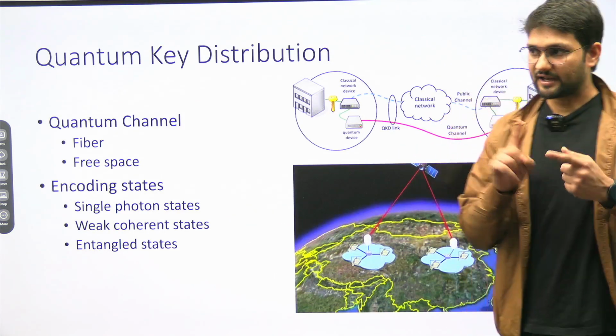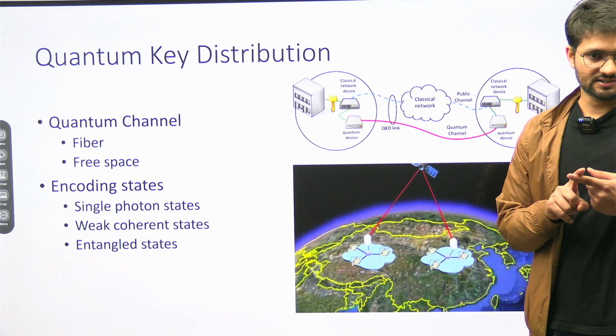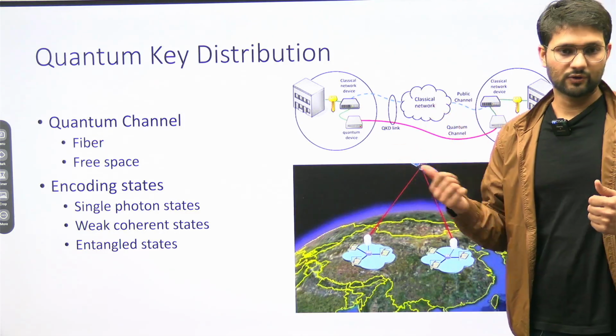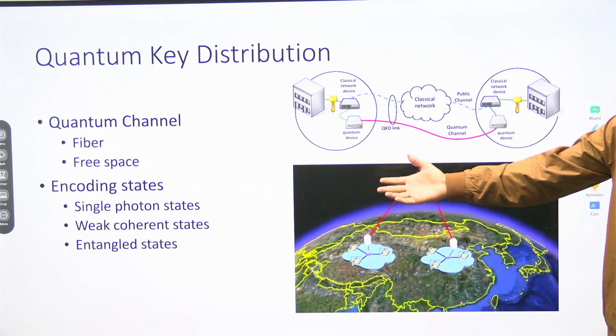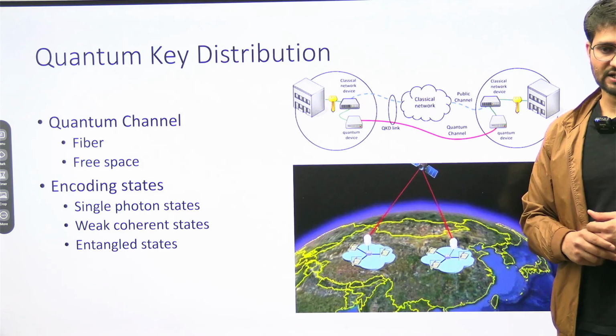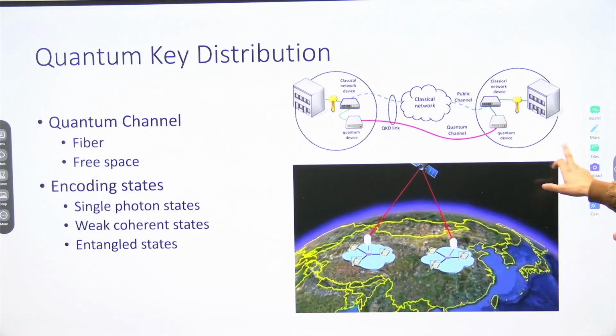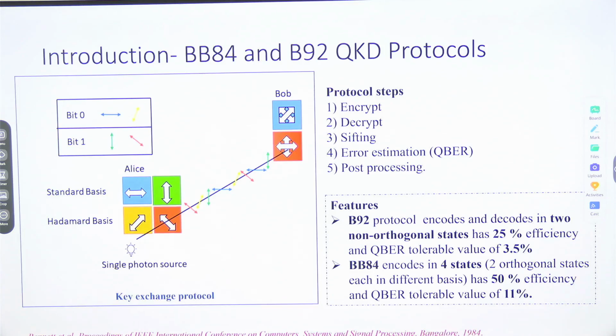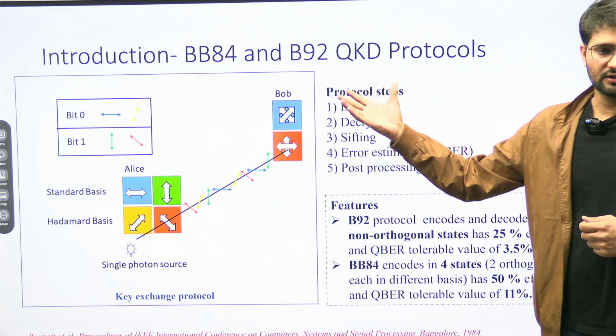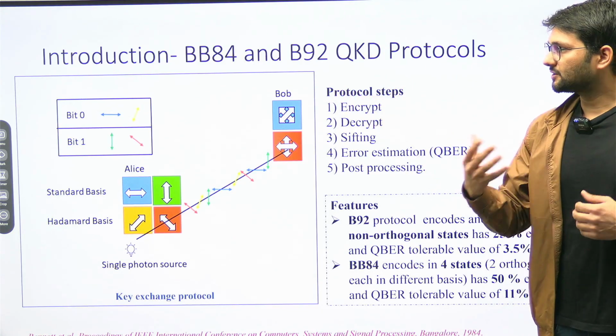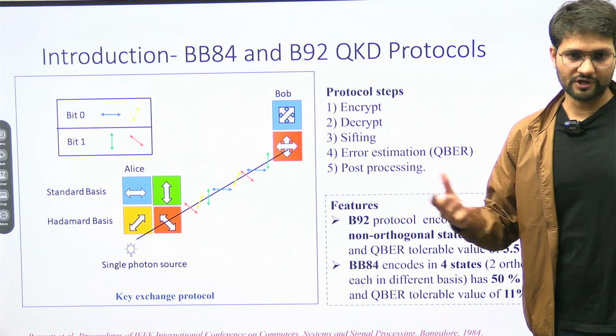With entangled states, you can entangle two single-photon particles and use them for the same quantum communication. There are other ways to use entangled photons, like teleportation.